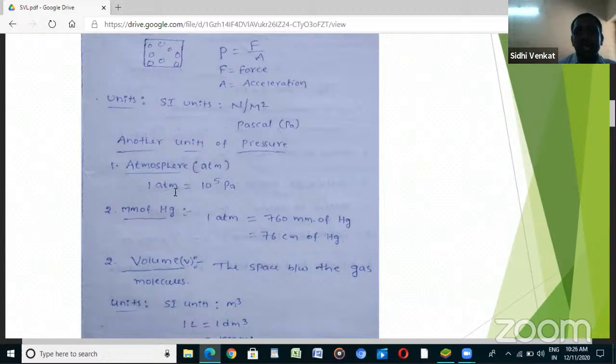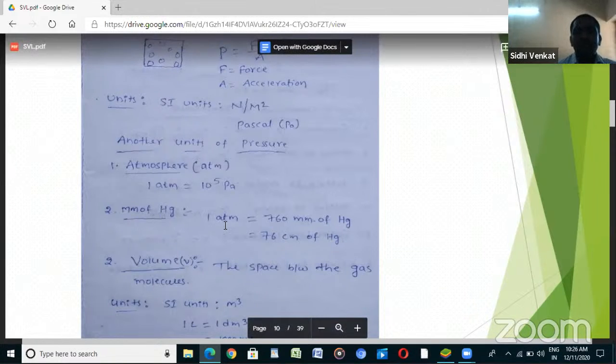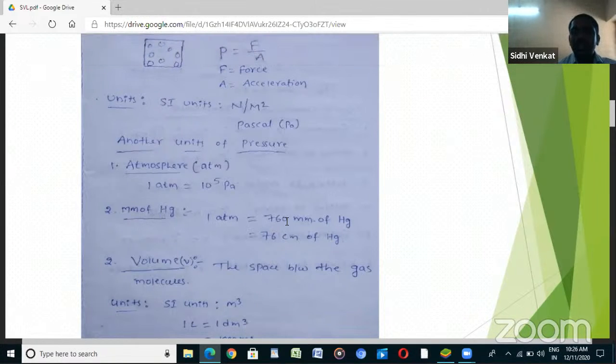In mm of Hg, Hg meaning mercury, 1 atmospheric pressure is equal to 760 mm of mercury. In centimeters, 76 centimeter of mercury. So the second unit of pressure is mm of Hg.